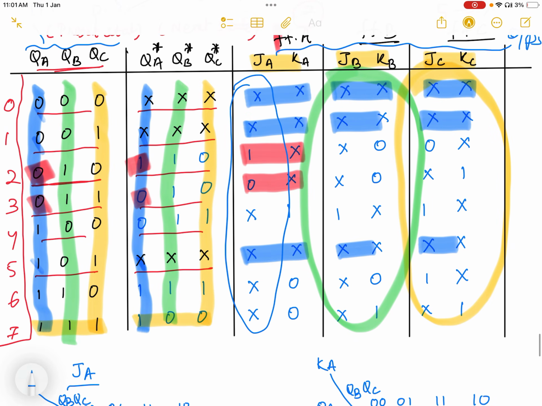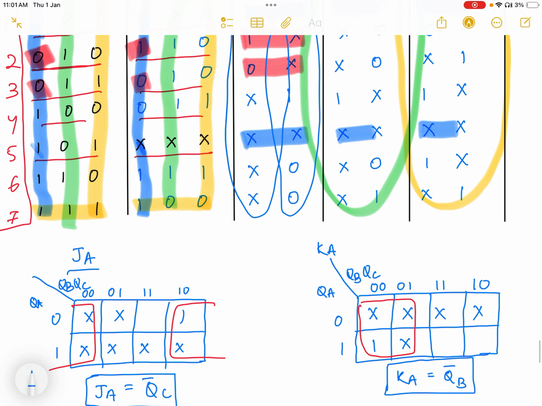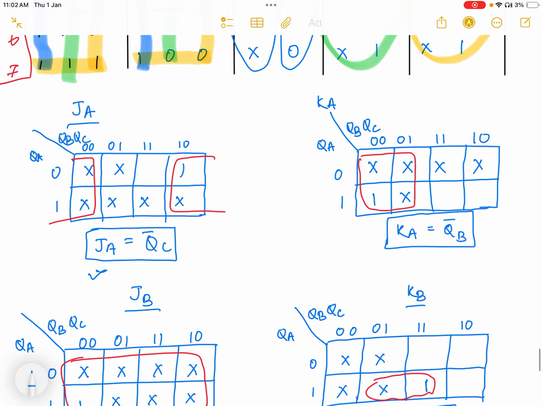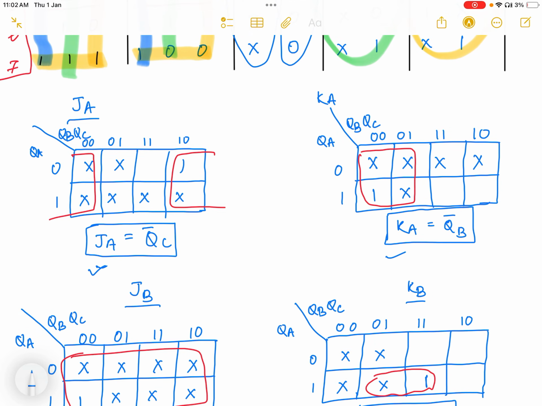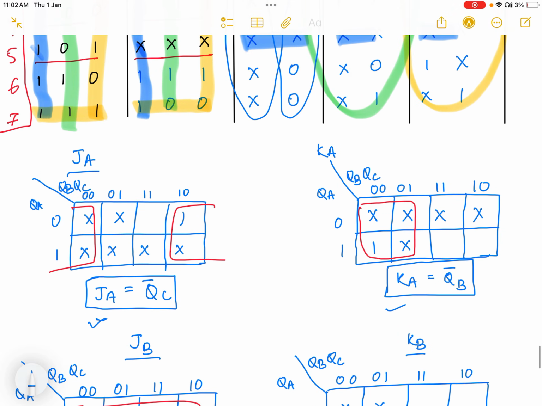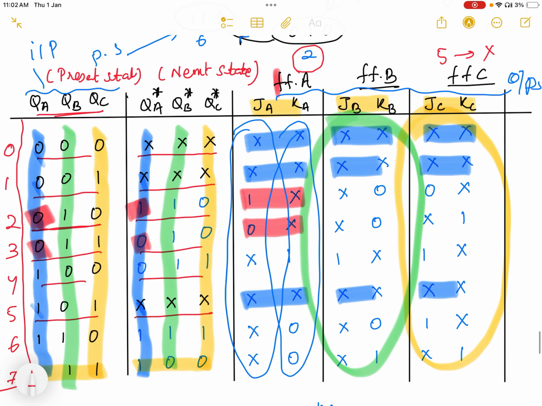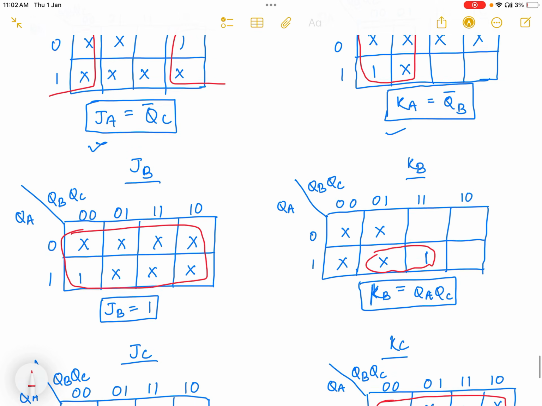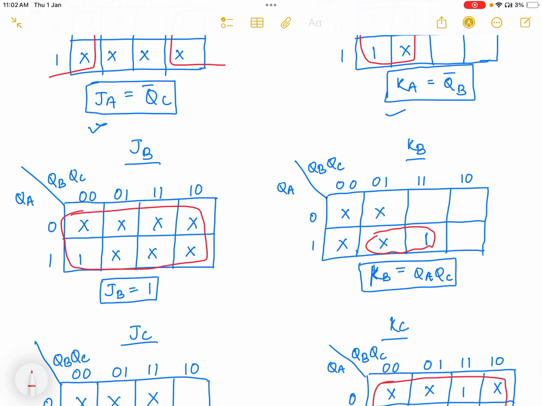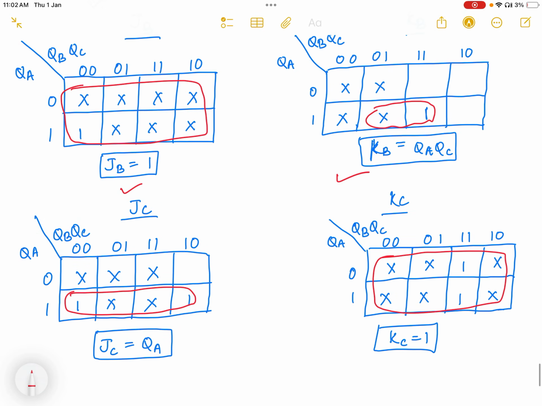Similarly for KA, with proper pairing I got KA equal to QB bar. Similarly I have taken JB and KB, and by solving the K-maps I got the relationships. Similarly for JC and KC, I got the relationships.